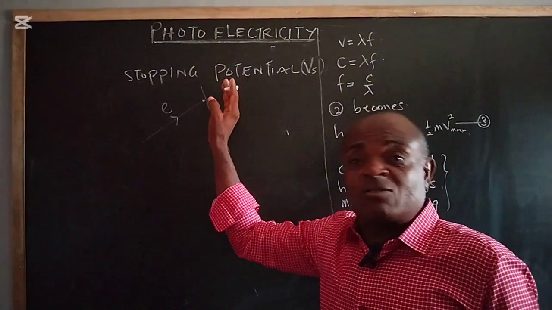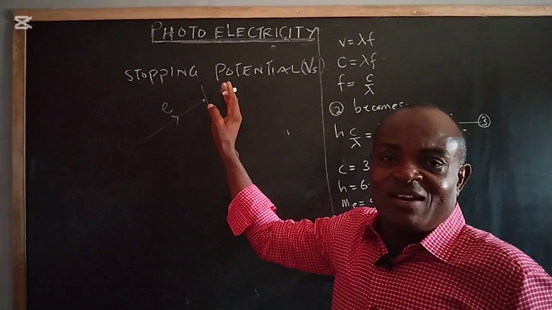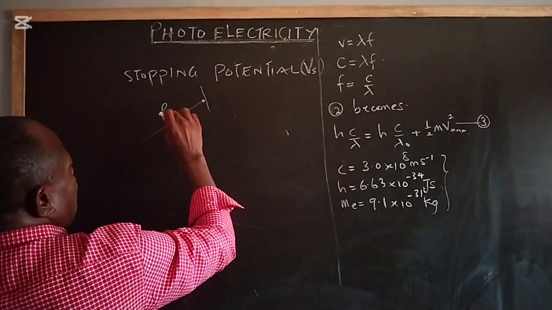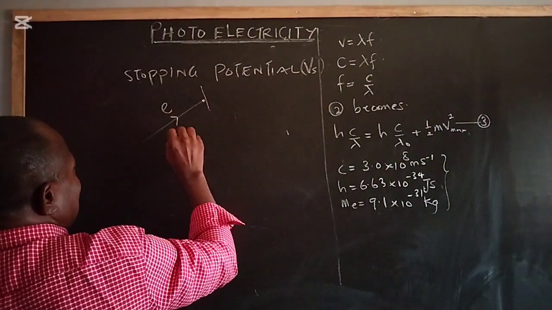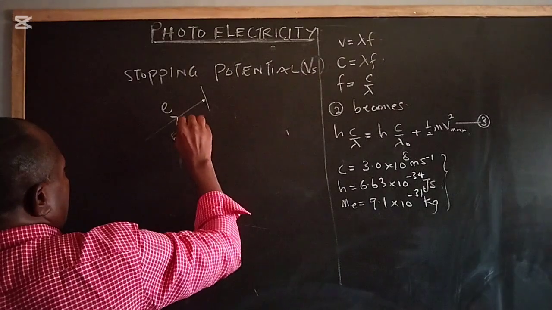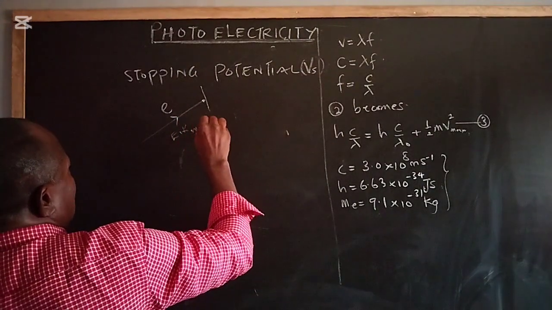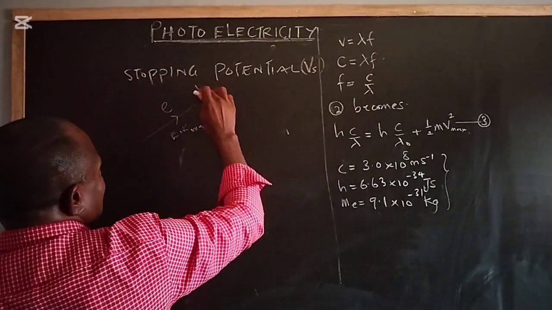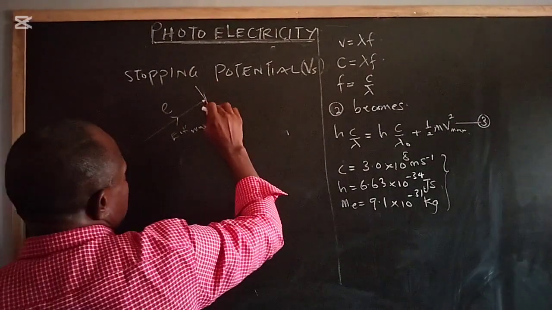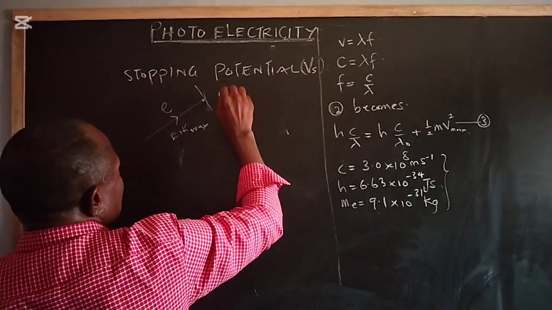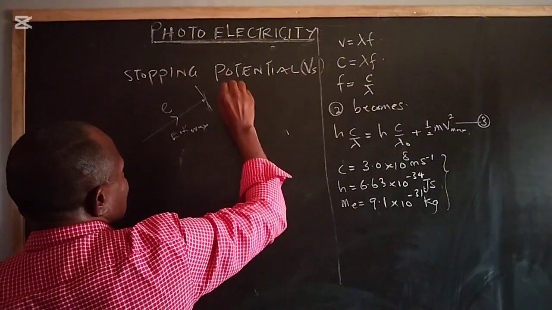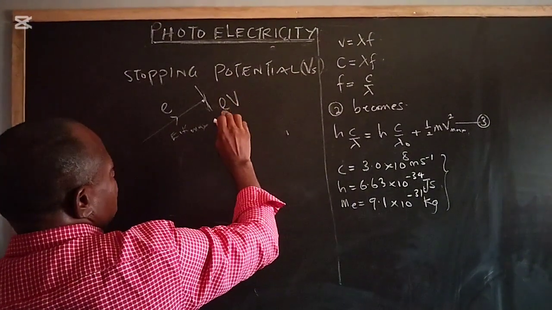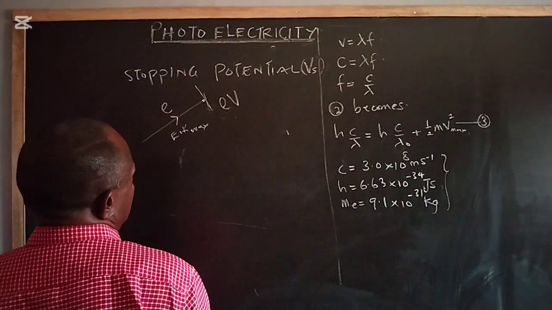In physics, stopping point is referred to as a rest. So when it is moving, it possesses kinetic energy, or maximum kinetic energy, and when it's going to rest, then we expect that work should be done against it, which is electrical work. So the electrical work is defined as the charge times the potential difference.